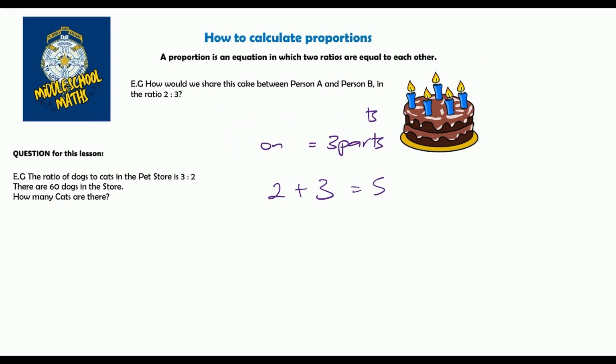Cool. So the question that we're going to do for this lesson is about the ratio of dogs to cats in a pet store, which is 3 to 2. Now, in this question, we are told how many dogs there are in the store. There are 60. So we know that we can set it out as an equivalent ratio.